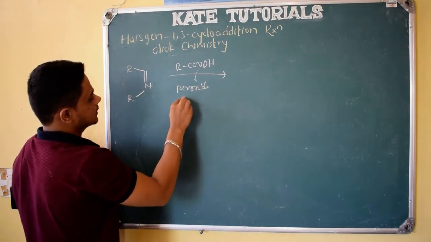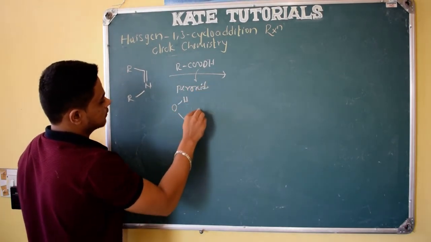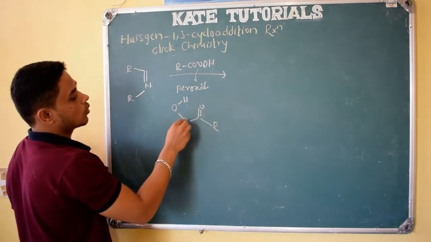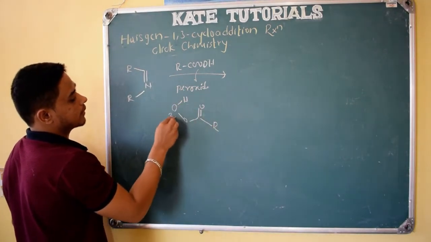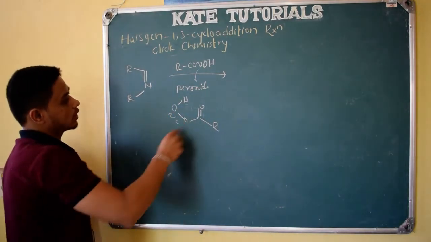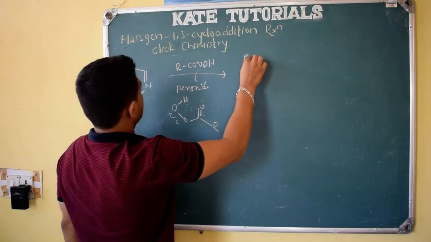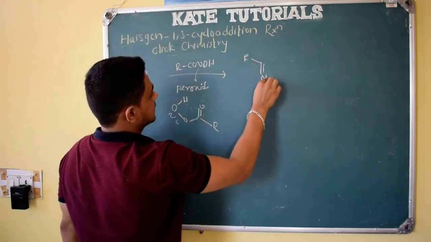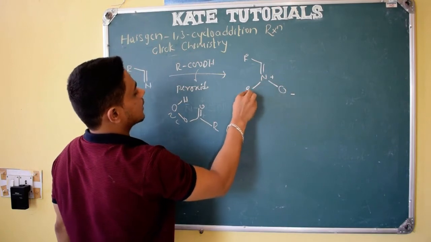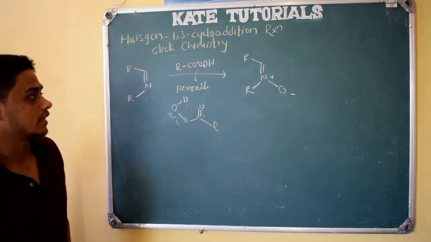Acid peroxide means RCOOOH. This is nothing but a peroxide bond. It is easily broken, right? So what happens because of this peroxide? Here it will happen like this. See here, O minus, nitrogen gets positive charge, and R. So this is the species it will form.